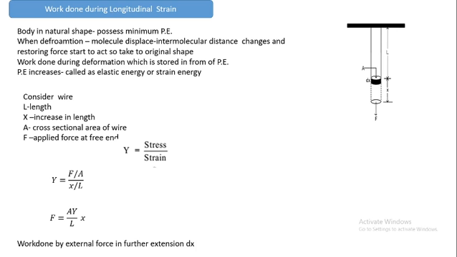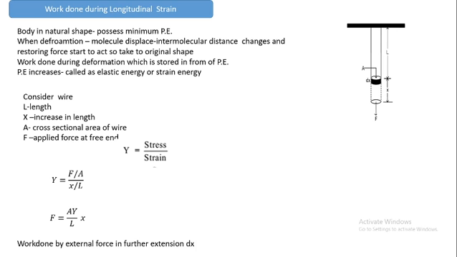So we know that when a body is in its natural shape, it possesses the minimum potential energy. Any object in the universe will always acquire the minimum potential energy. But when you apply external forces, deformation takes place, and deformation is nothing but the molecules being displaced from their original position.